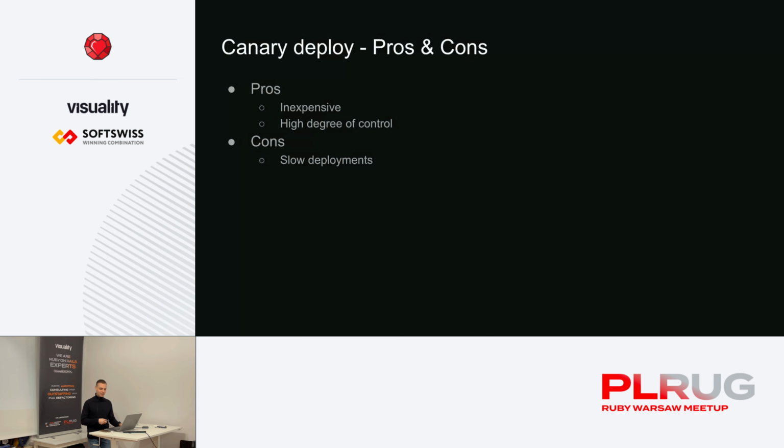For pros, it's an inexpensive approach, similarly to rolling deploy, and you actually have a high degree of control because you can say, okay, I want to deploy only 10% of my servers and not the rest. But it's a slow deployment strategy since there is a pause in this deployment.